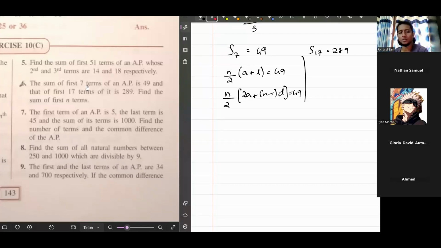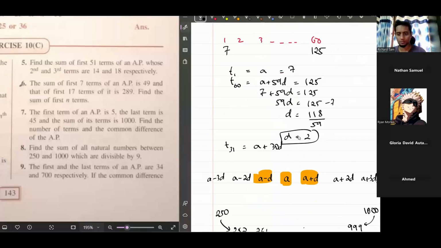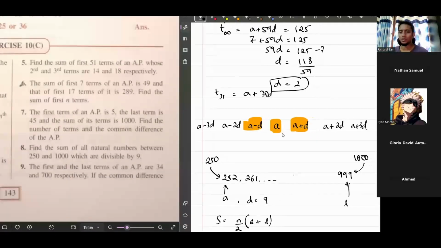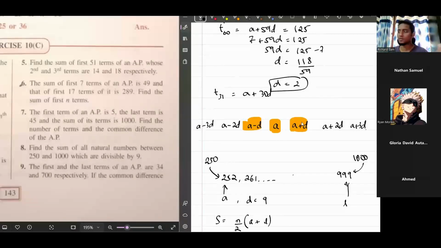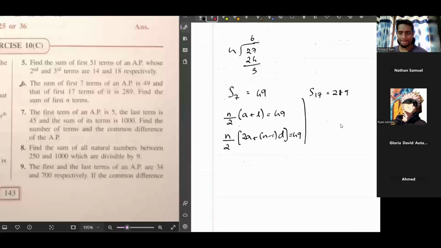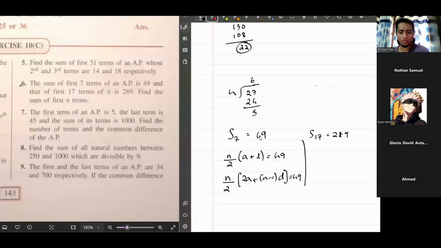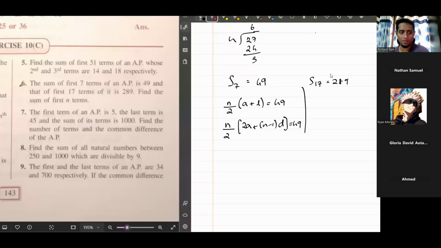We can't use the method I told you before, when they don't give any terms, like the question where the sum of 3 terms was this and the product of 3 terms was this, because there are too many terms here, 7 terms and 17 terms. We might be able to do it, but it'll become too big. So we have to use the sum formula. But then how to do this?